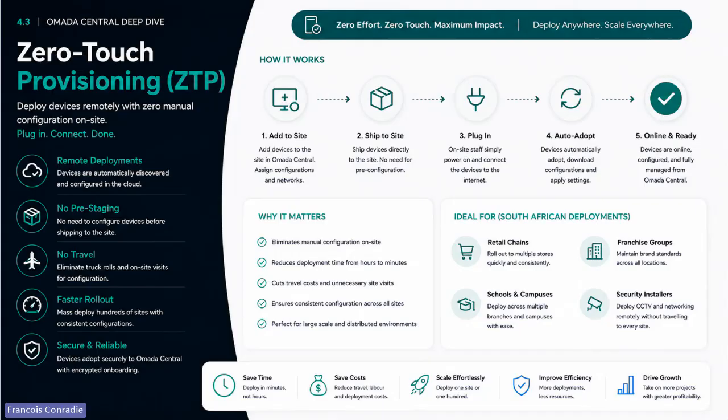The next function that I thought was a very good one is ZTP, or Zero Touch Provisioning. Honestly, this is one of those features that can completely change how deployments are done. What ZTP basically allows you to do is deploy devices remotely with almost no manual setup required on site.